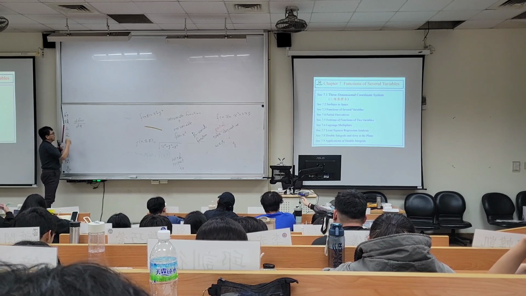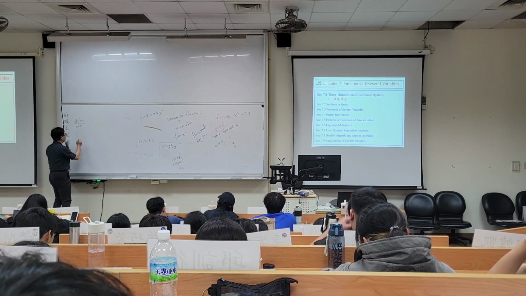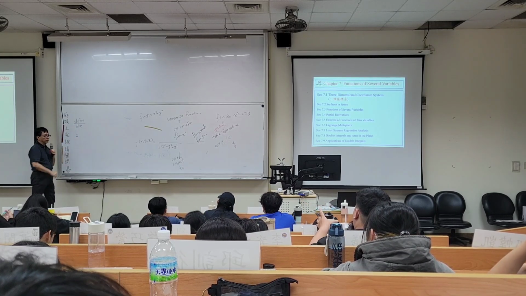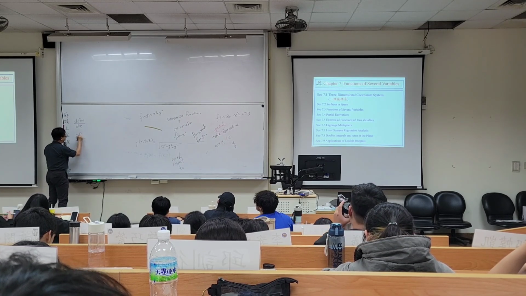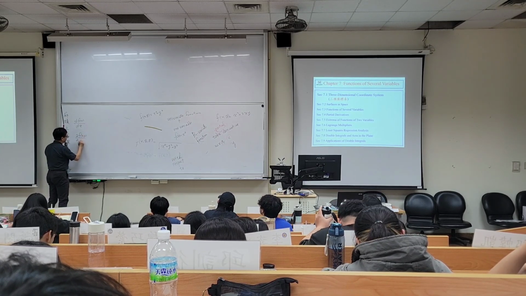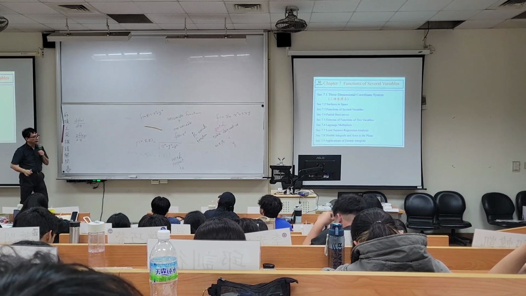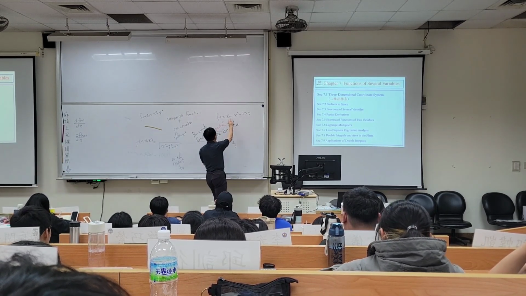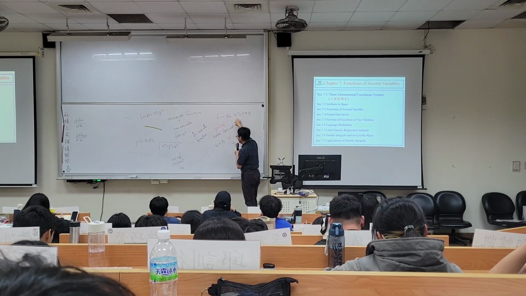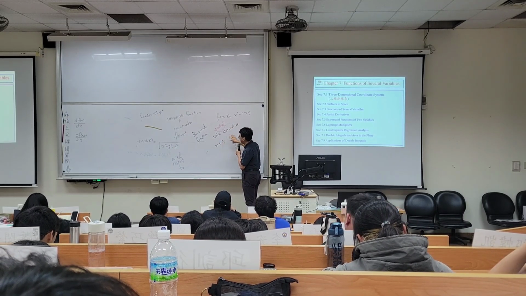We use d, but in partial derivative we use rho. Rho f of x, y, rho x. That's how we take the partial derivative of this function of x, y with respect to x.